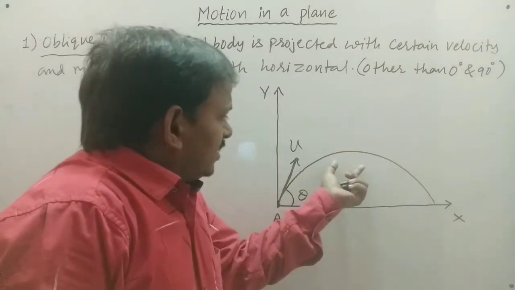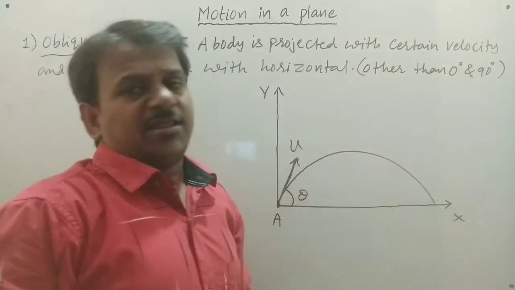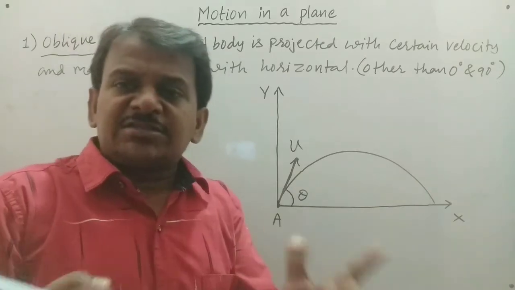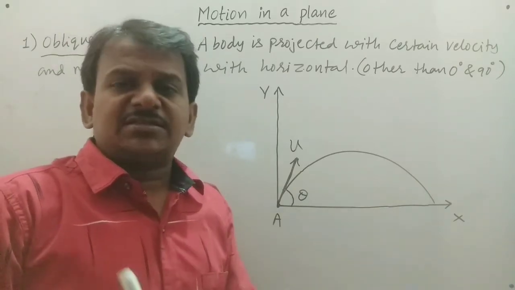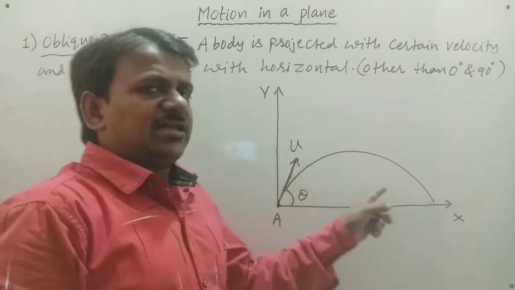Why does the oblique projectile follow a curved path? During its motion, its velocity components change. How many velocity components? Two velocity components.